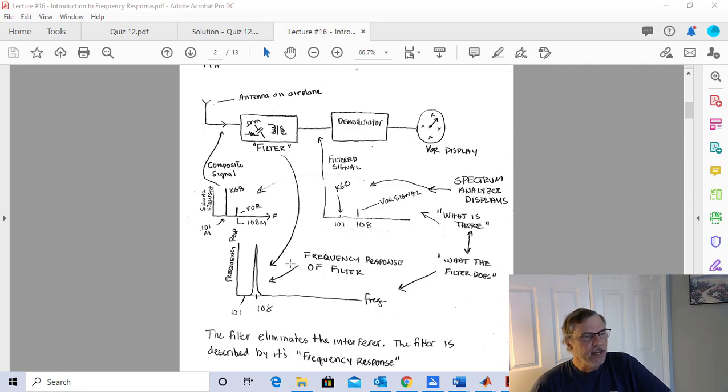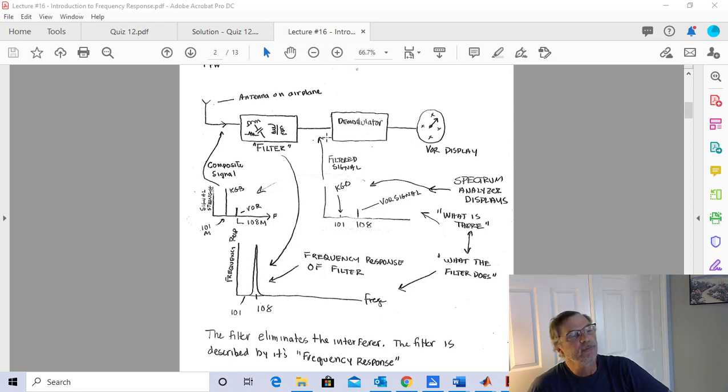So this is an actual plot of the frequency response of the filter, where the spectrum analyzer is showing you what is there when I look at a signal. Make sure you can keep those straight, especially when you have a job interview. If you go to a job interview and you see a spectrum analyzer and you can just tell the difference between that and an oscilloscope, you got the job. All right. So here's the frequency response of our filter. So it looks like 101 didn't get through, 108 did.